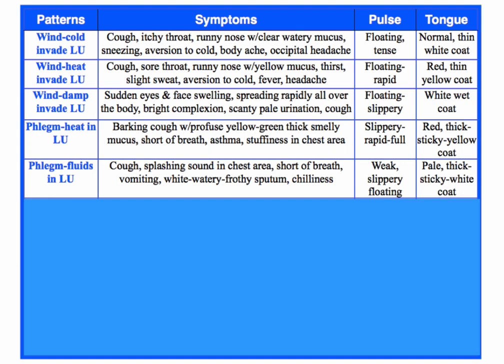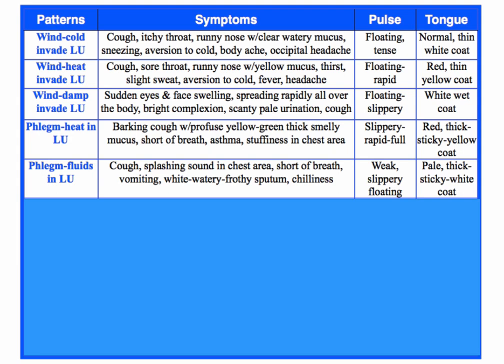So again, this could be acute or chronic. If it was chronic, the pulse would be rapid and full. That's the excess heat, and slippery for the phlegm. The tongue is red, which is heat, and the coat is thick, sticky or greasy, which is the phlegm, and yellow, which is the heat. Okay, so sticky yellow coat represents the phlegm, sticky, and the heat, yellow.